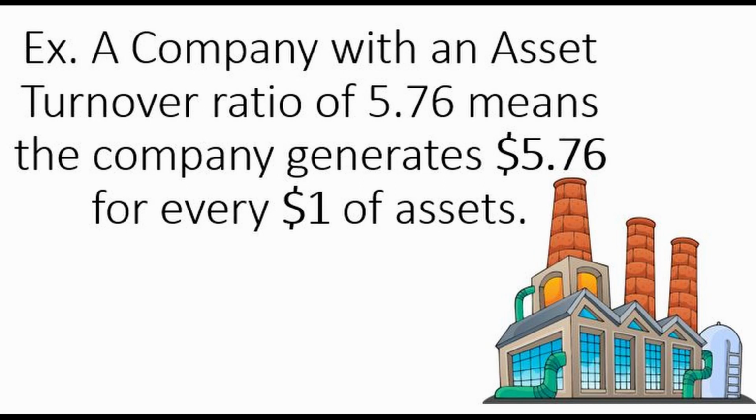For example, if a company has an asset turnover ratio of 5.76, this means that every $1 worth of assets generates $5.76 worth of revenue. In general, the higher the ratio, i.e. the more turns, the better. But whether a particular ratio is good or bad depends on the industry average of which the company operates.